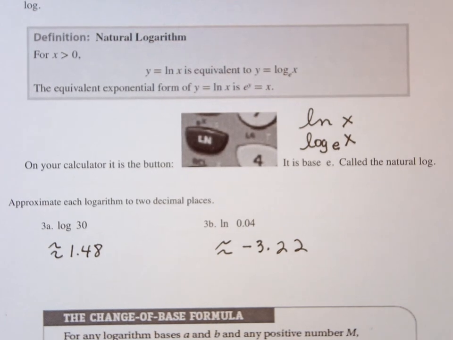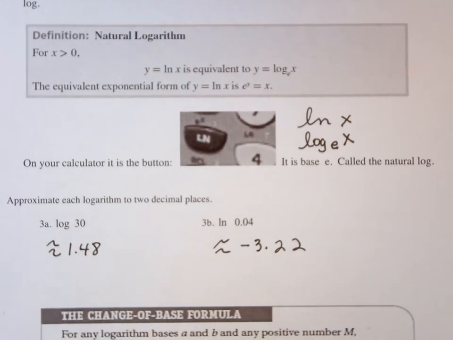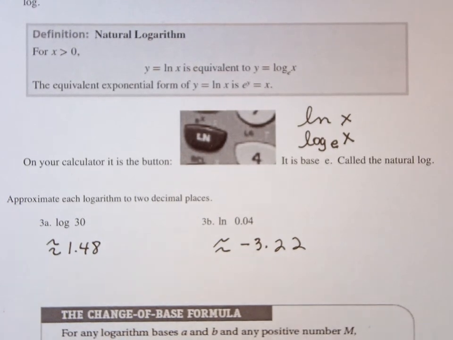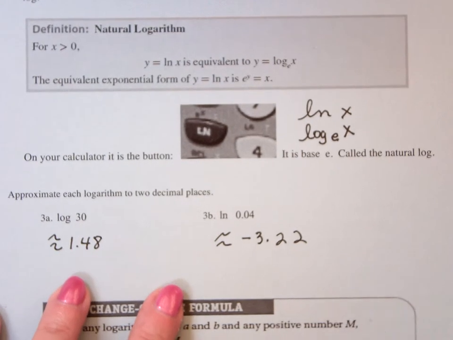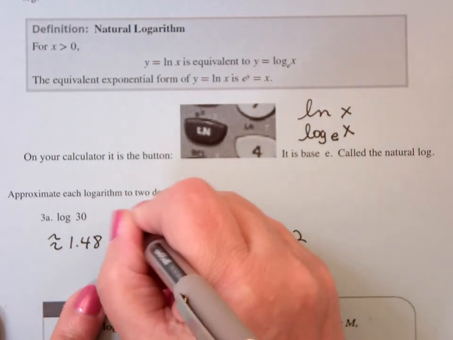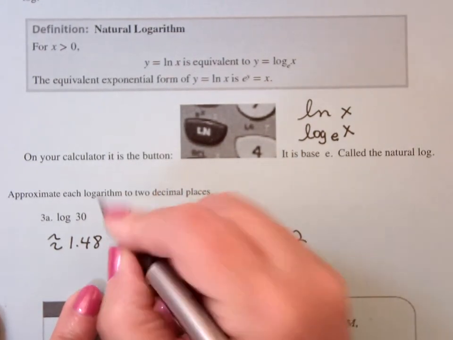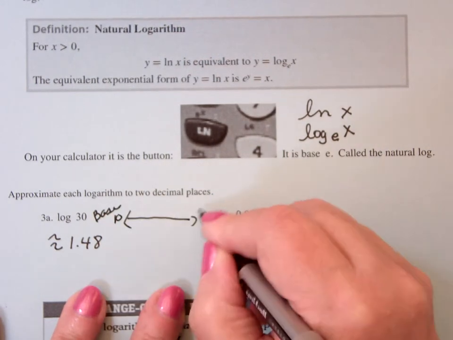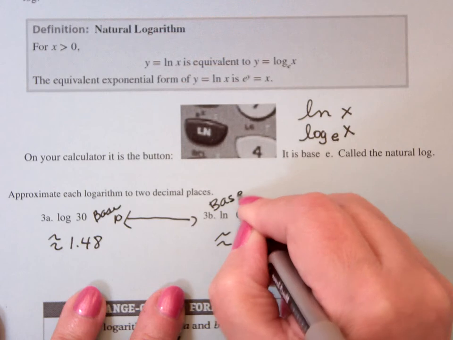But unfortunately, we're not done yet. Don't turn your page. Got something at the bottom. Unfortunately, these are on my calculator. This one is base 10, and this one, remember, is base e.